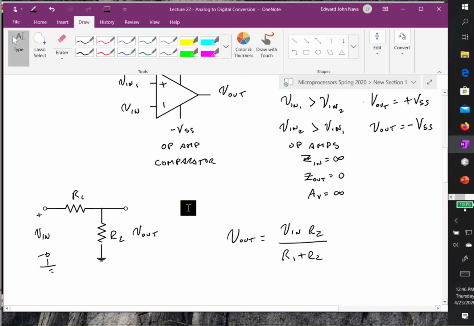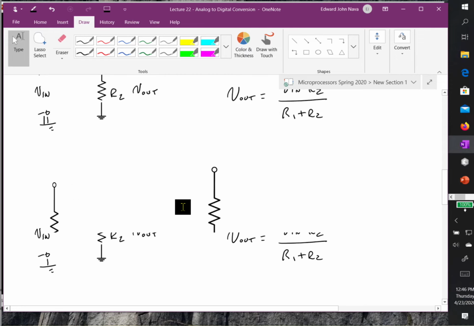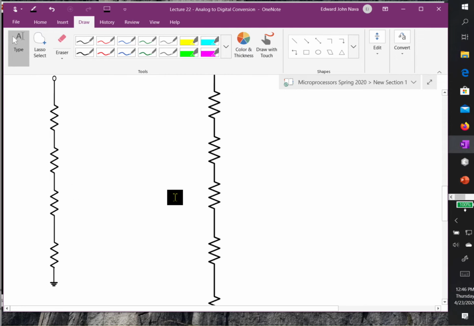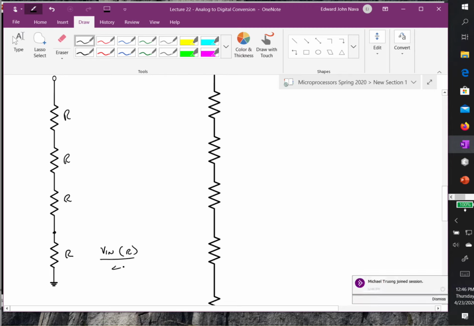Okay, so what we're going to do is look at a slightly different case. Let's assume now that we want to have 4 levels, and I'm going to make these all the same value: R, R, R, and R. So this will be equal to V in times R over 4R, or Vin over 4.